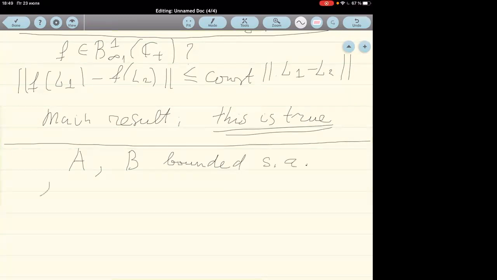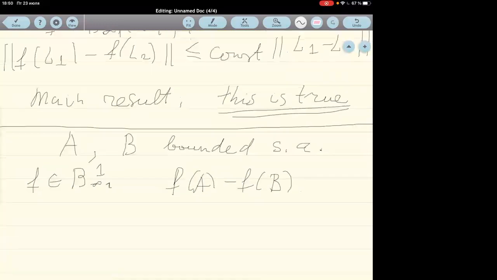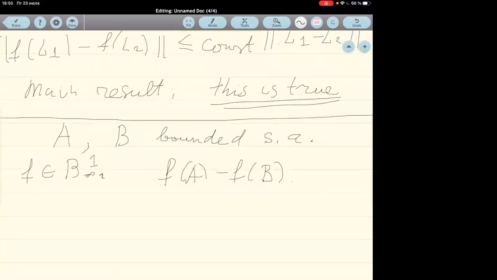And f is in the Besov space B infinity 1 1. Then we want to consider f of A minus f of B. Okay, the idea actually uses a formula by Daletskii and Krein, and also the theory of double operator integrals by Birman and Solomyak.